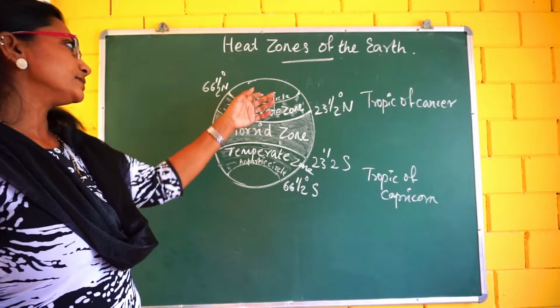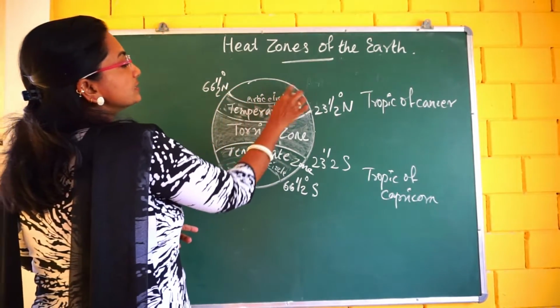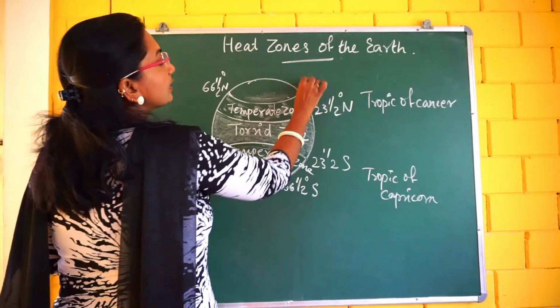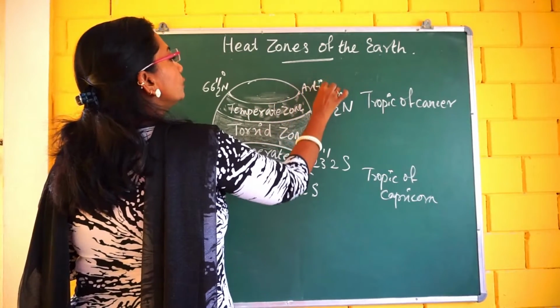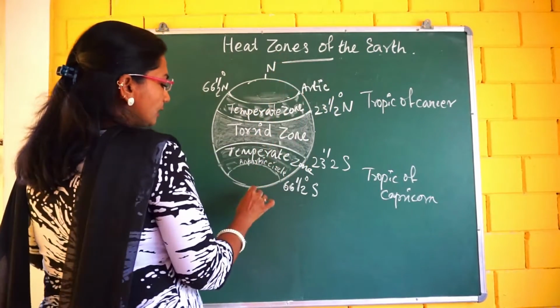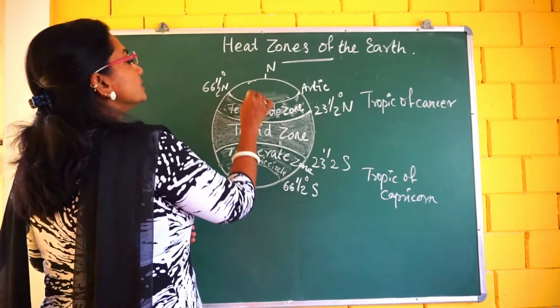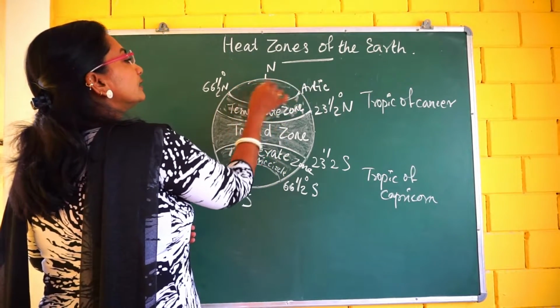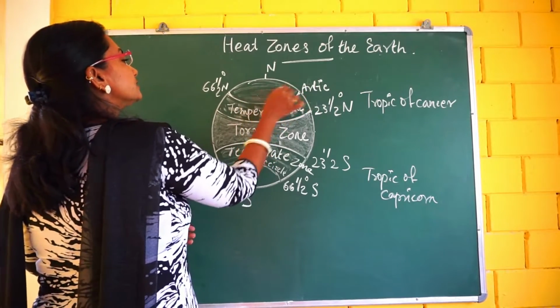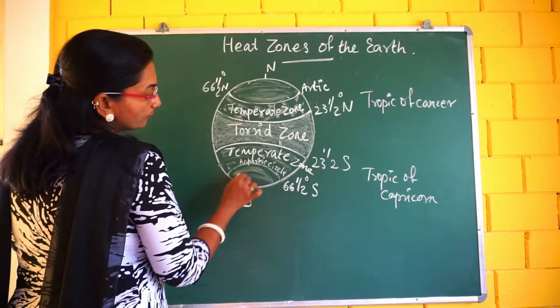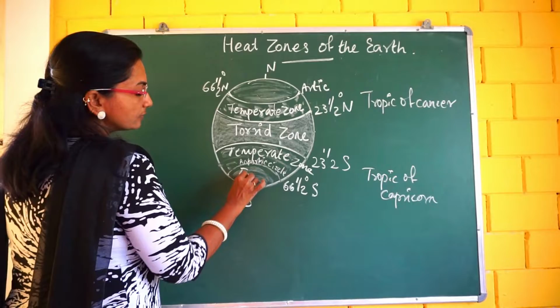Now, this is the Arctic Circle. Up to there, here is the North Pole and down is the South Pole. These areas do not get the sun rays, so they are called the frigid zone.